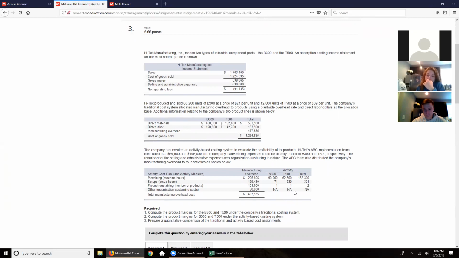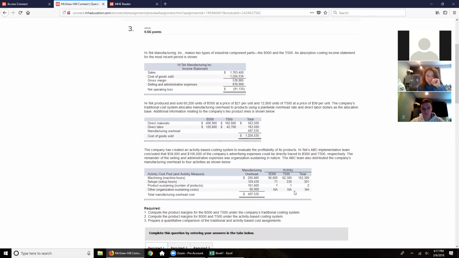So product margin, you mentioned you have the formula. Basically, all it's trying to tell us is how profitable a particular product is when we allocate the costs we need to allocate to it. For our purposes, we're considering direct materials, direct labor, and manufacturing overhead.